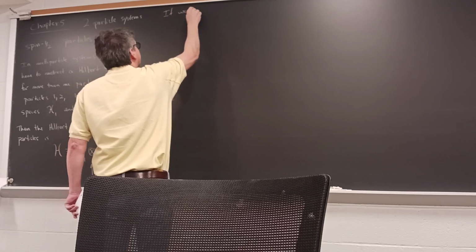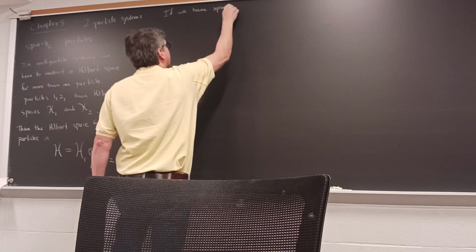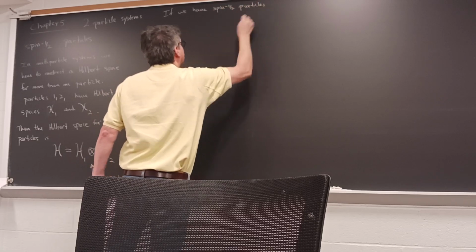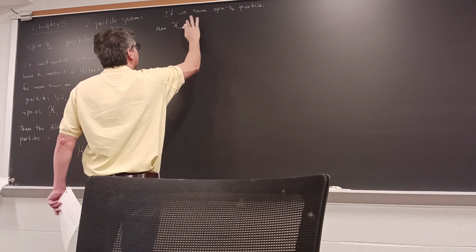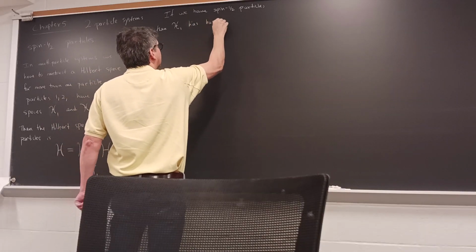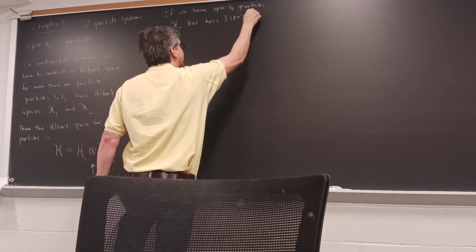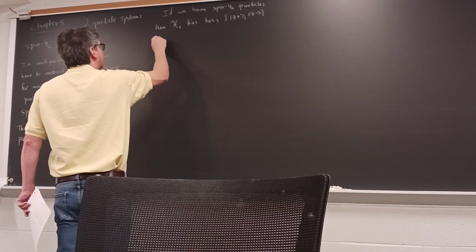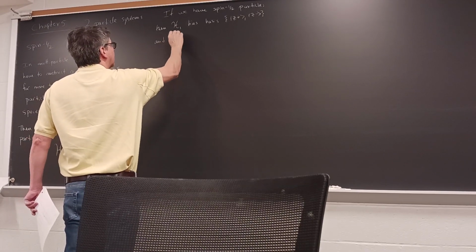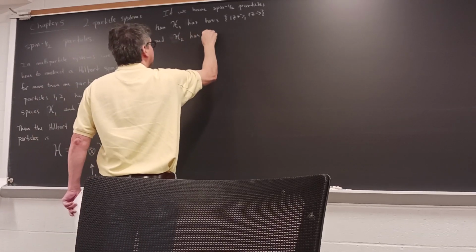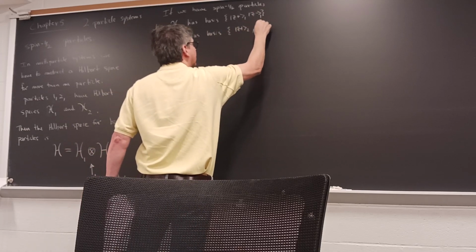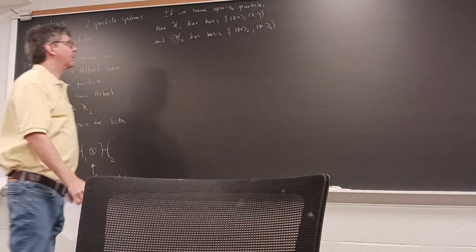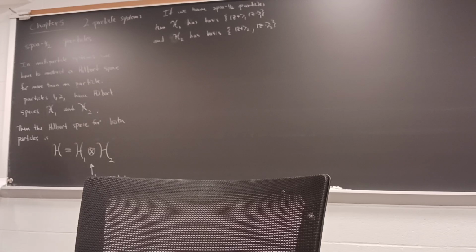So, for example, if we have spin 1/2 particles, then H1 can have a basis that could be Z plus and Z minus, for example, and the second Hilbert space will give a basis that's now Z plus 2, Z minus particle 2. Okay, and the total Hilbert space is this direct product.